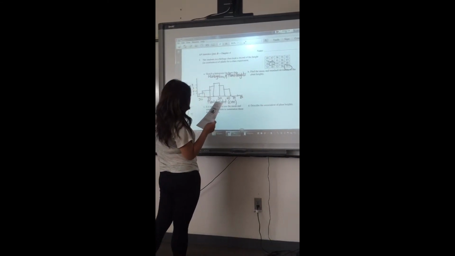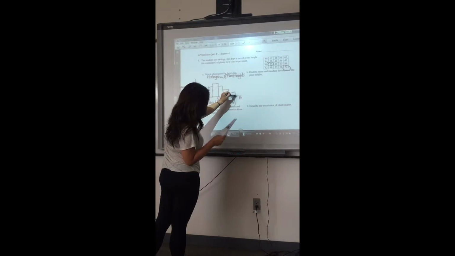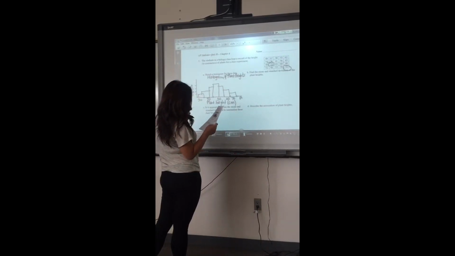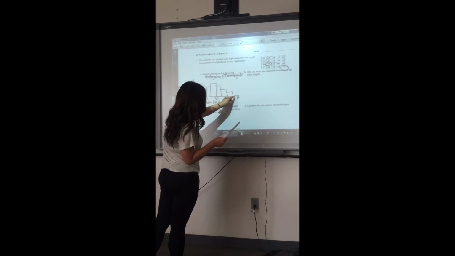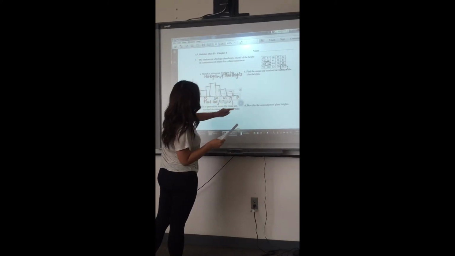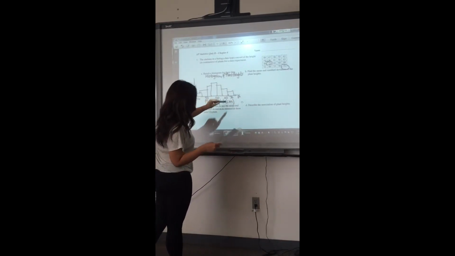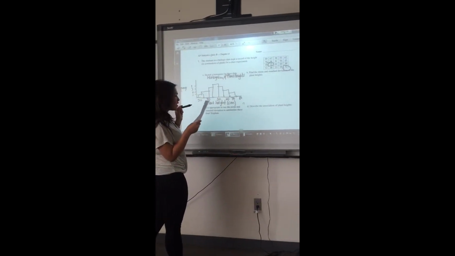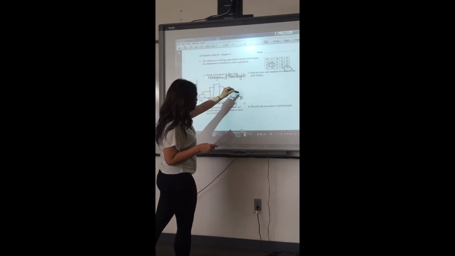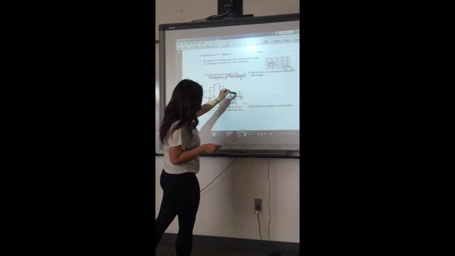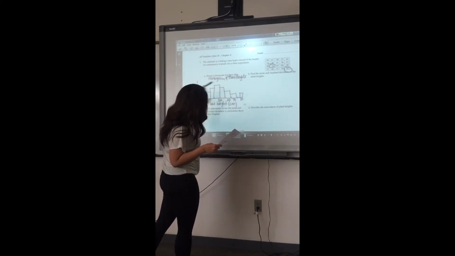Between 65 and 70, there's 1. Okay. And between 70 and 75, we don't have one. So there's one between 75 and 80, so there's going to be a gap in between. And that one is also 1.